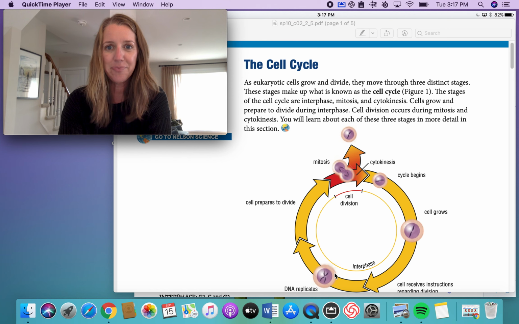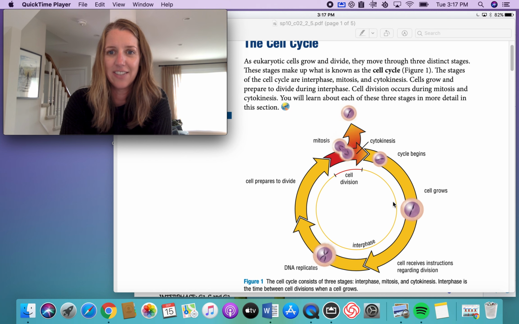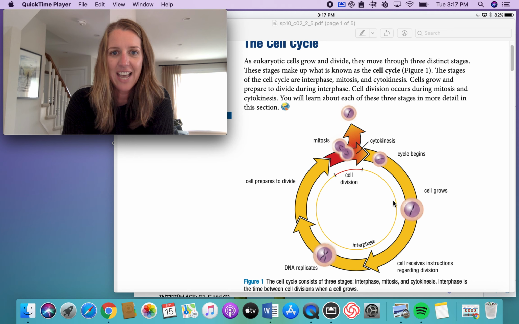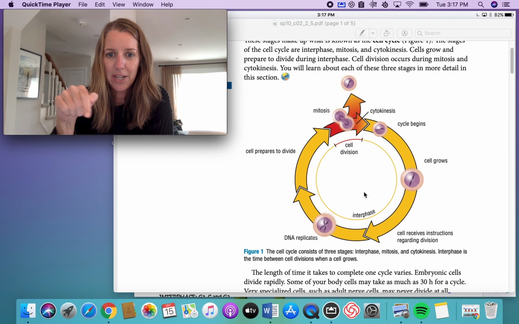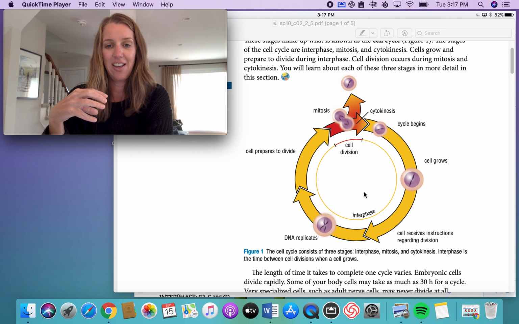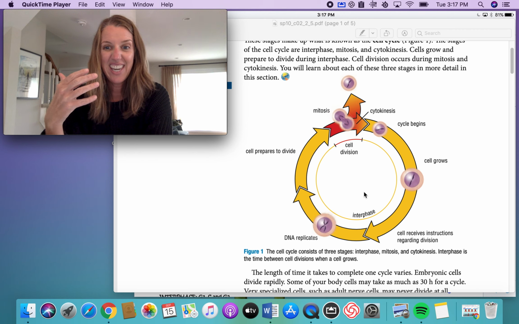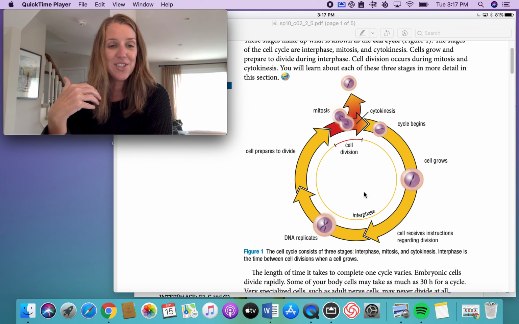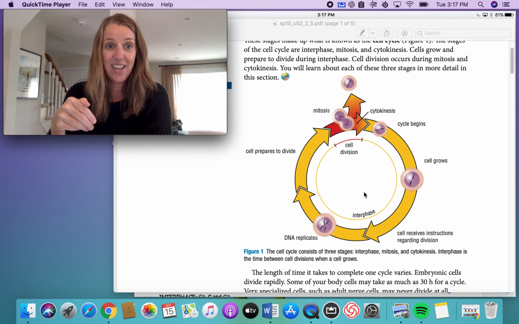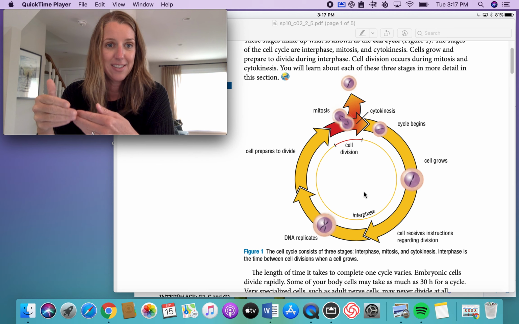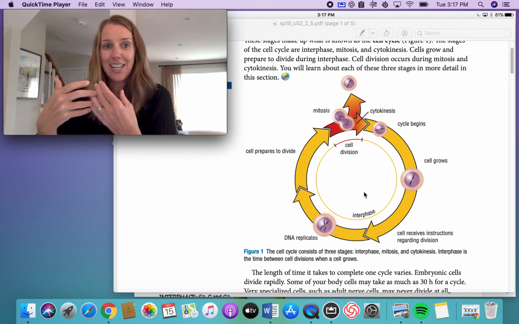Okay? All right, so in your textbook, you can see this lovely little diagram that looks at the cell cycle. It shows you that if you follow the timeline around, the majority of the time a cell is alive, it's actually just getting ready to divide. It's growing and it's doing the normal processes that all cells do, that normal metabolism, right? It's undergoing cellular respiration.